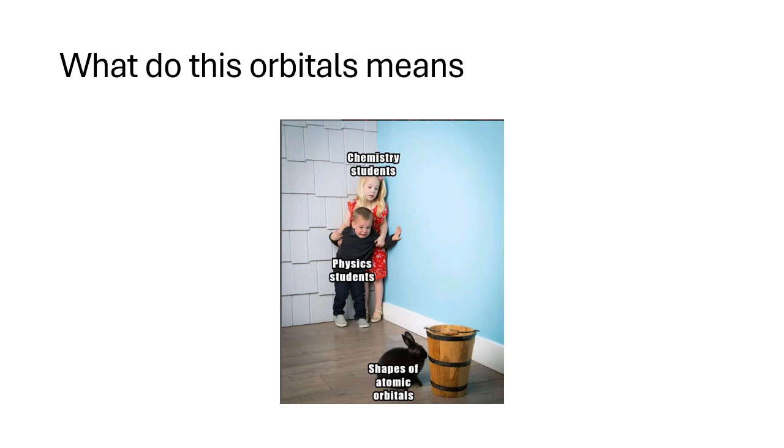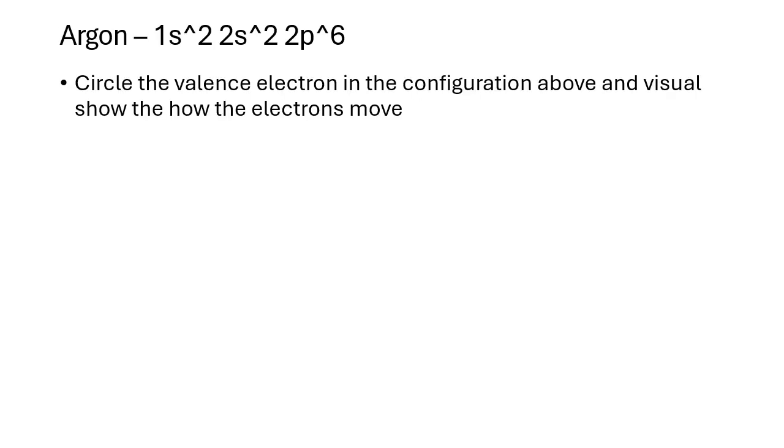So my goal here is to show you what these orbitals look like, because you might learn the orbitals, but then you're scared of them. I don't really get the bunny and the basket thing, but maybe you do. All right, so we're going to draw the orbitals.